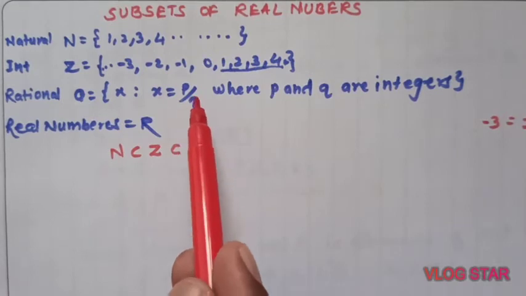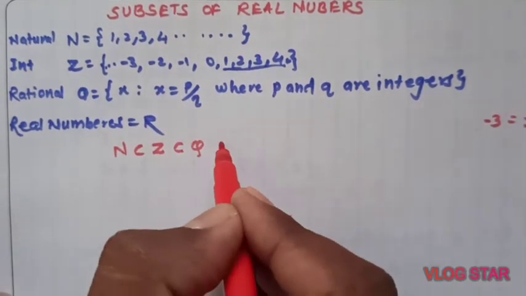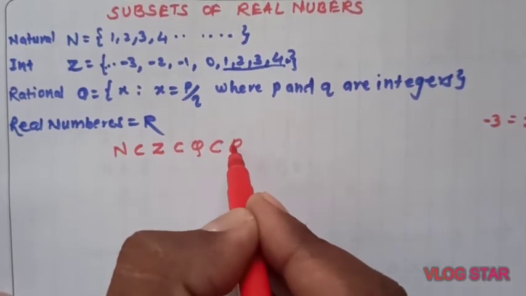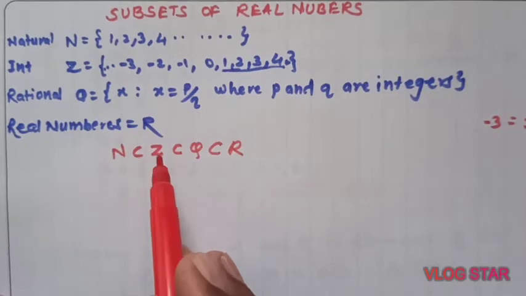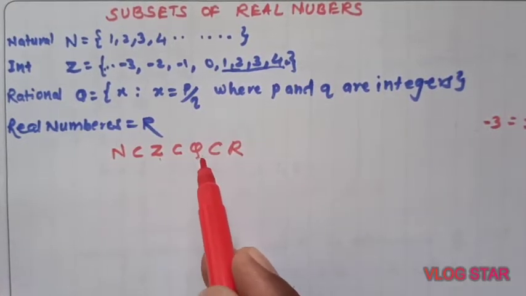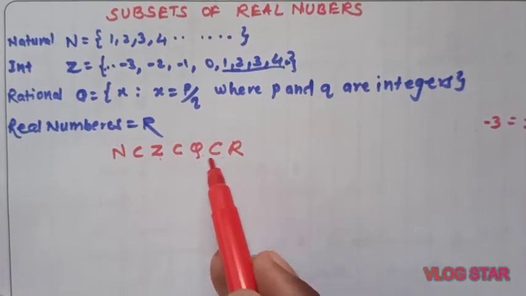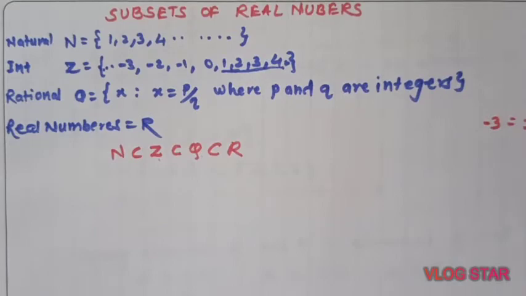But every rational number is again considered as a real number. So each rational is a real. So this is a sequence. All naturals are integers, all integers are rational, all rationals are real, but not only rational, irrational numbers are also real numbers.